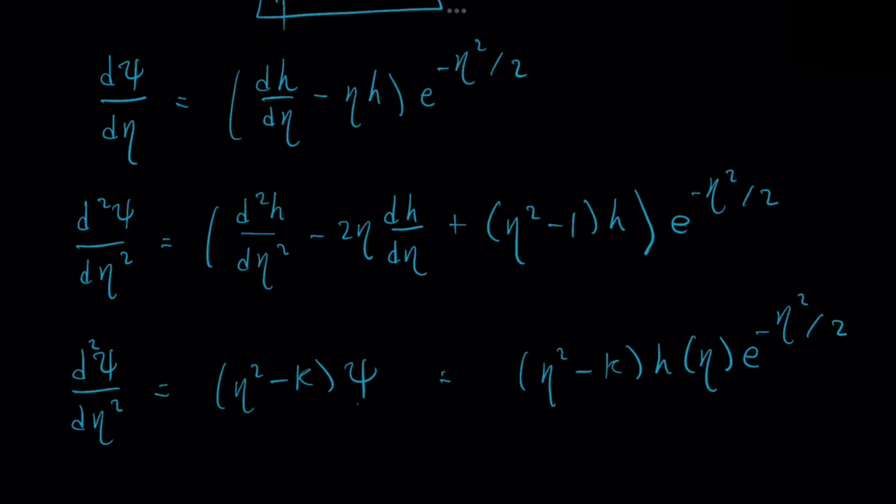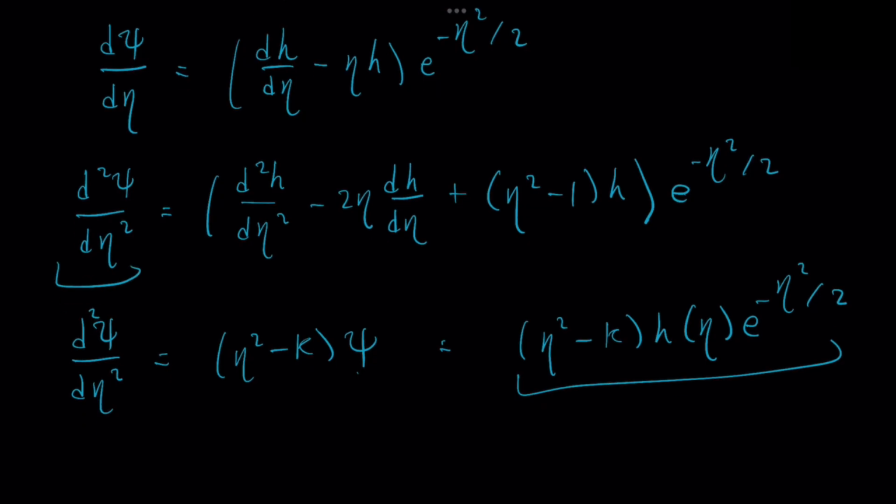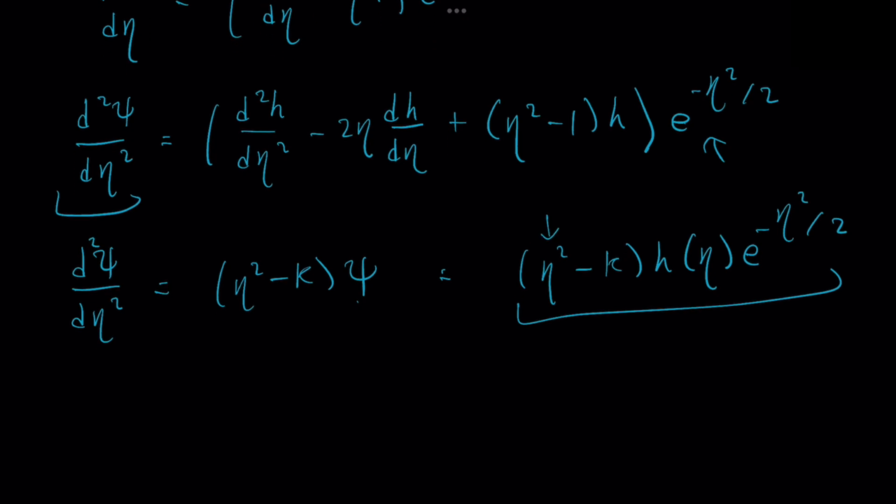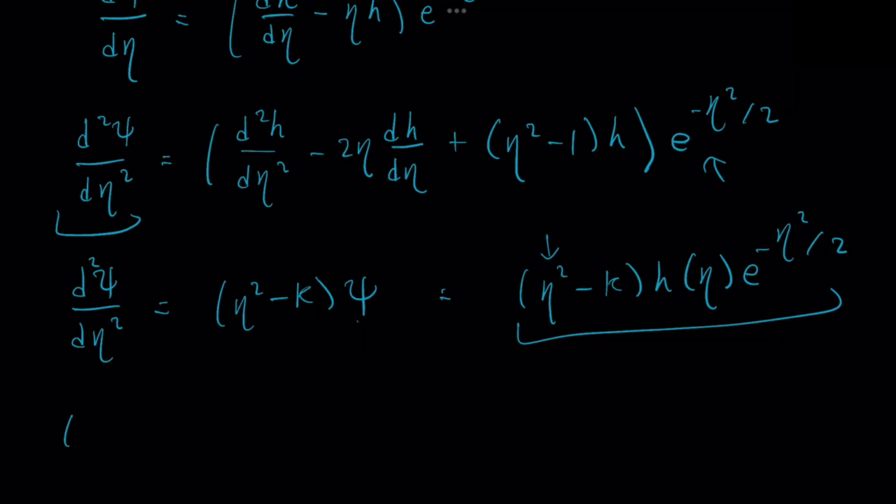So now we can substitute this for this, and what's going to happen is these terms are going to go away, the exponential, and so is this eta squared term. Let's just write it out fully and then do the cancellations one by one.